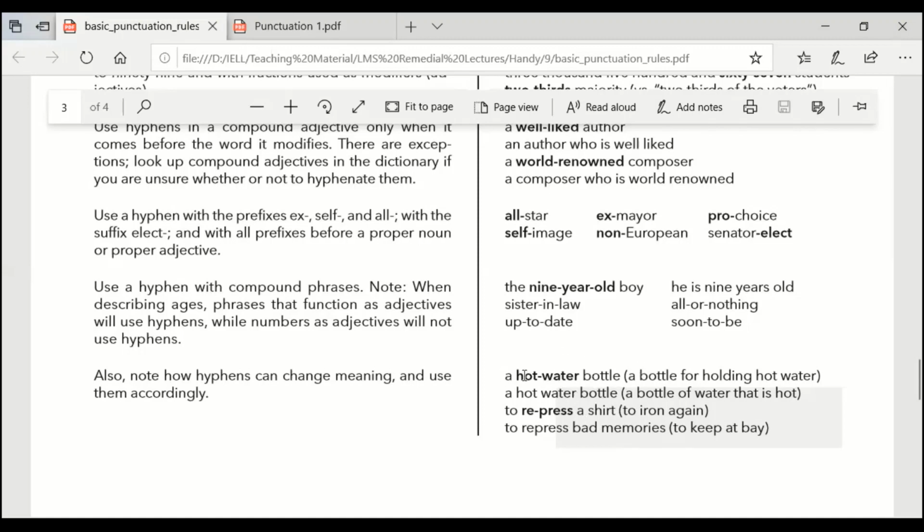But when we use hot hyphen water, that means it is one word, a bottle which is used for holding hot water. So this is a very important use of hyphens. We see how they can change the meaning, and where we should and should not use them.